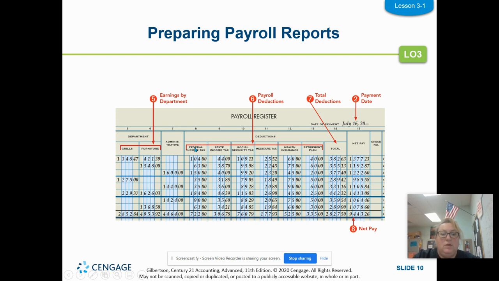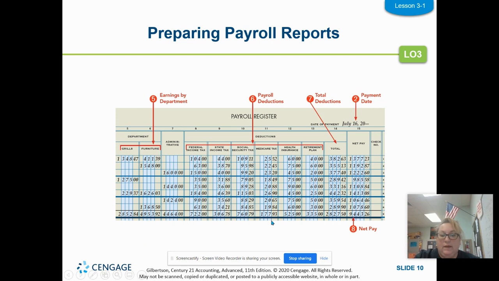Then we have our federal, state, Social Security, Medicare, retirement, and health insurance, with all of our deductions totaled here. Then we have our net pay that we calculated: we took their gross pay and subtracted out our deductions, this total, to get our net pay.